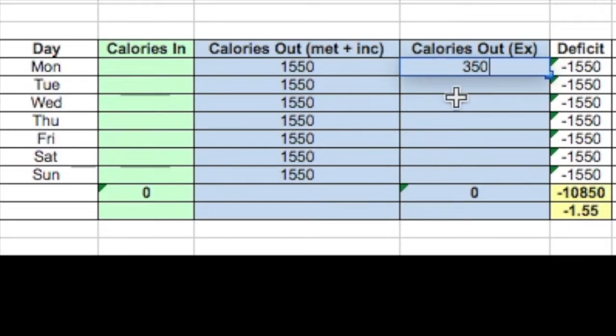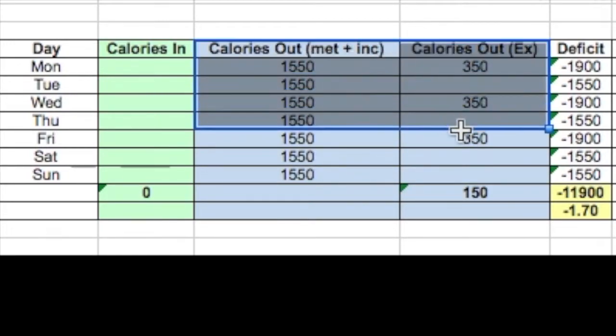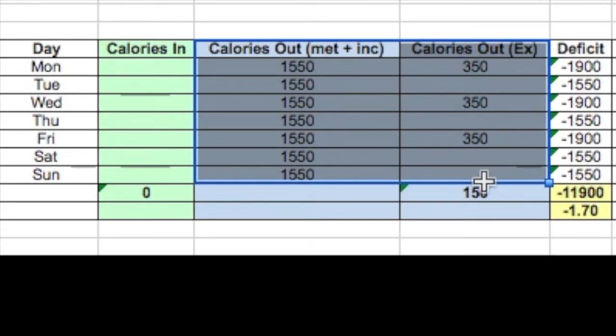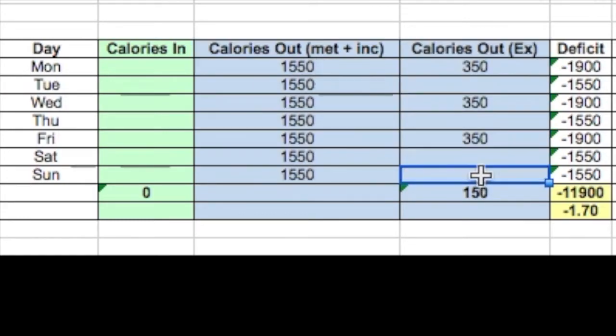That's 350 calories on Monday, 350 on Wednesday, and 350 on Friday. Remember, that doesn't include the afterburn effect, but we'll talk about that soon. Let's just keep it simple for now. So we've now got all of our calories out. We've got the 3 things that we need to know that we do to burn calories.